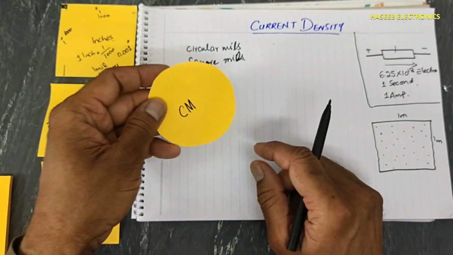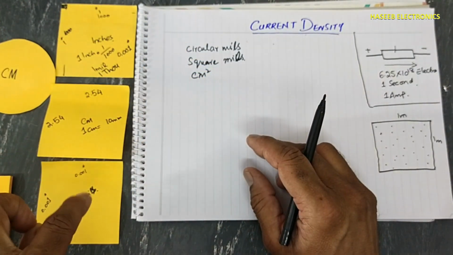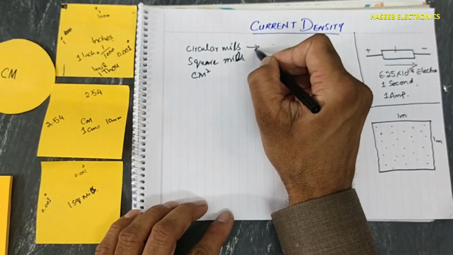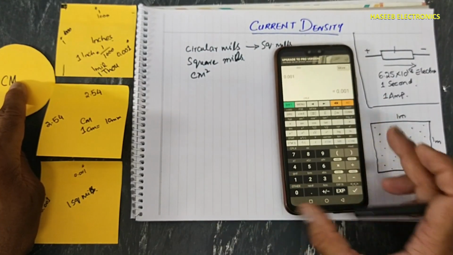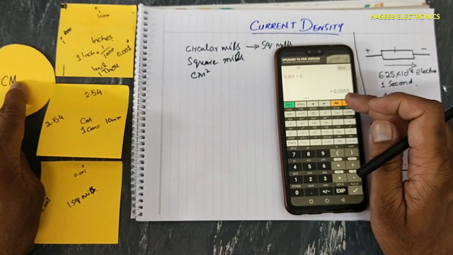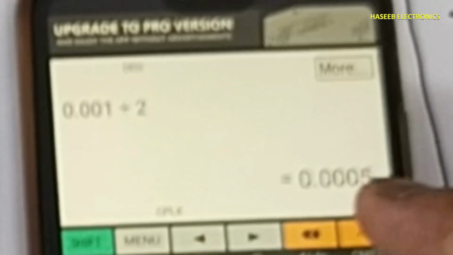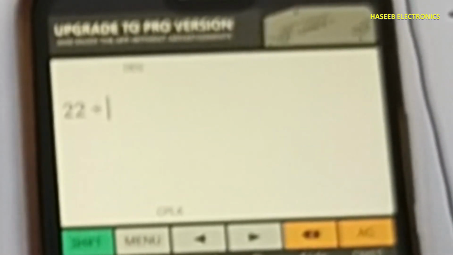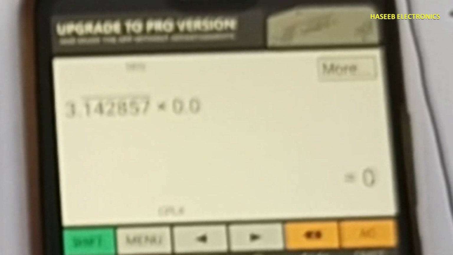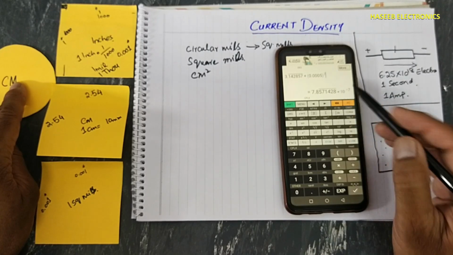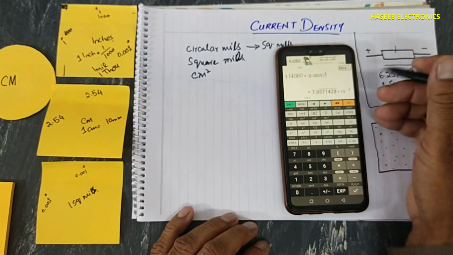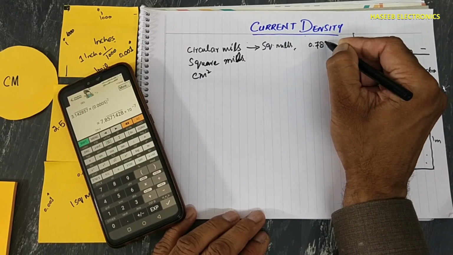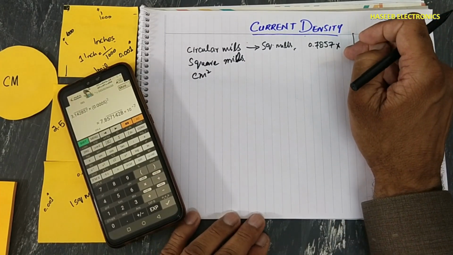If we have circular mils and we want to convert them into square mils, its radius is 0.001 divided by 2, which is 0.0005. Squaring it with pi gives 7.857 10 raised to power minus 7, or 0.7857 10 raised to power minus 6.